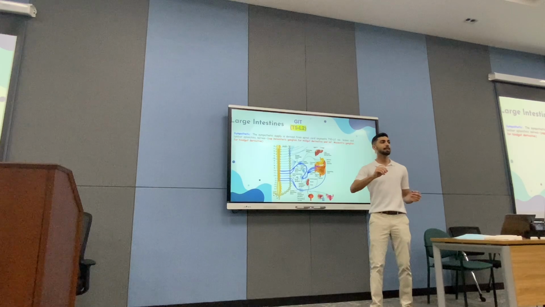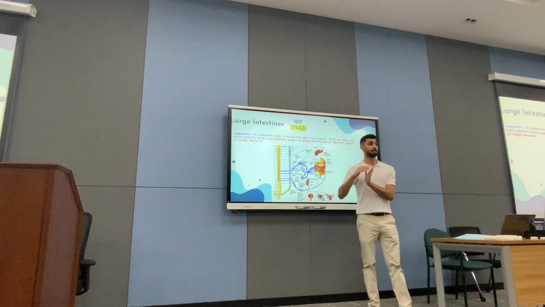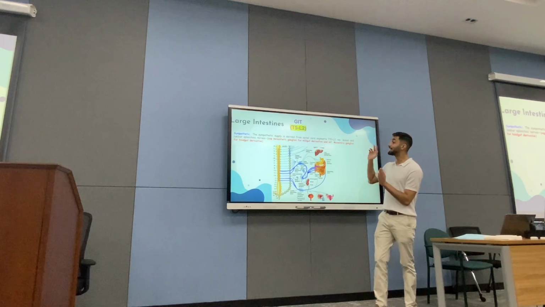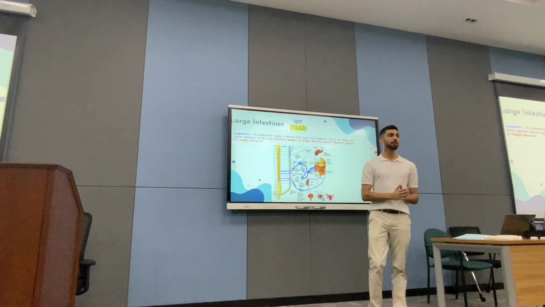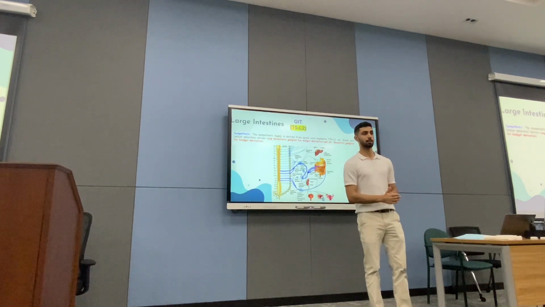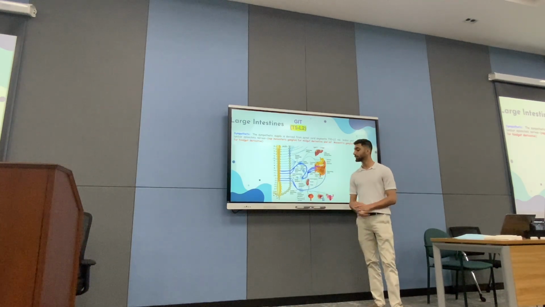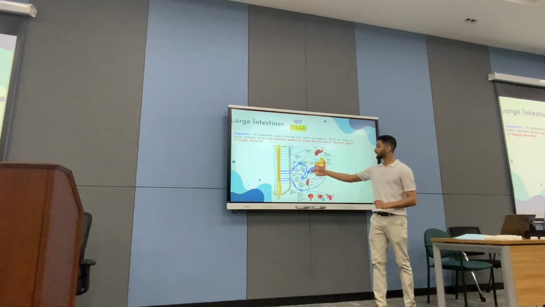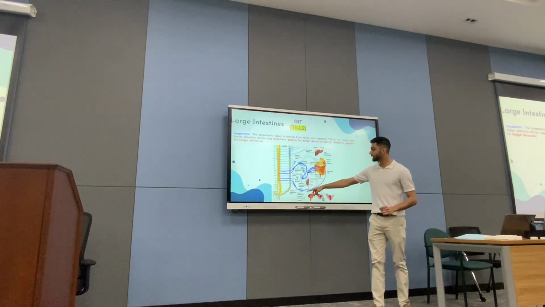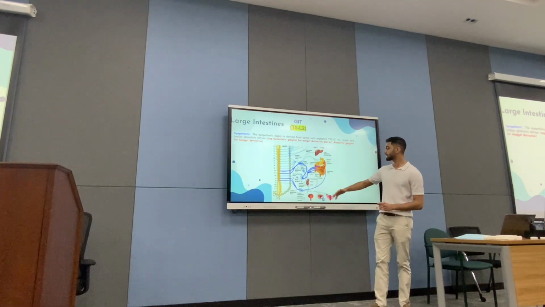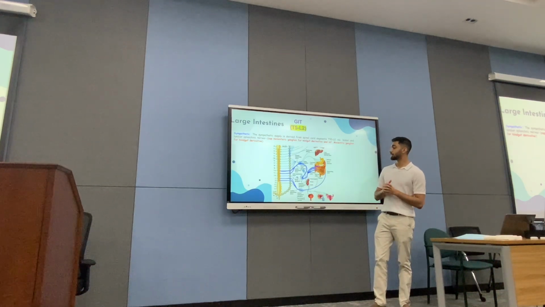The T10 and T11 supply the large intestines through the lesser splanchnic nerve. The least splanchnic nerve, which arises from T12, we're going to leave it. It does not supply the large intestines. A lumbar splanchnic nerve that arises from L1 and L2, it synapses with what? With the inferior mesenteric ganglion and supplies the large intestine.